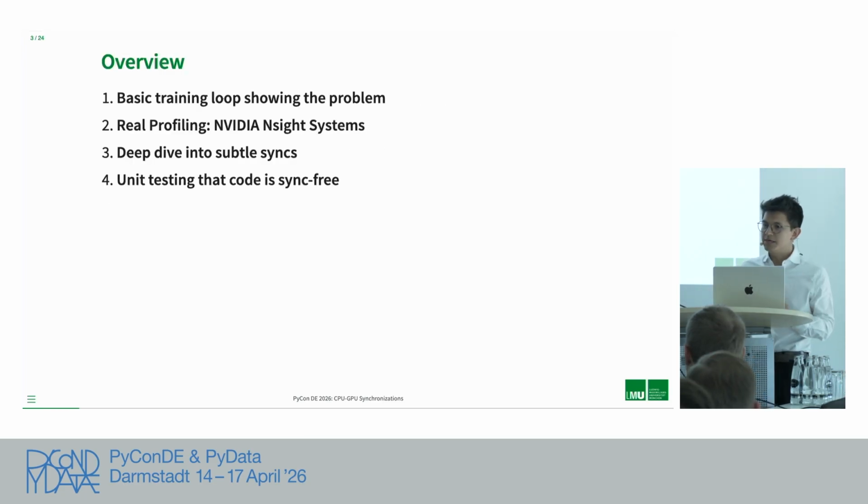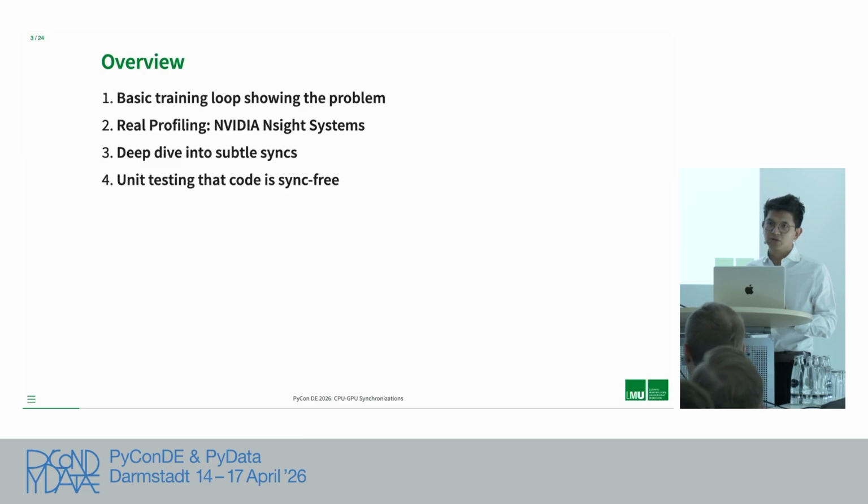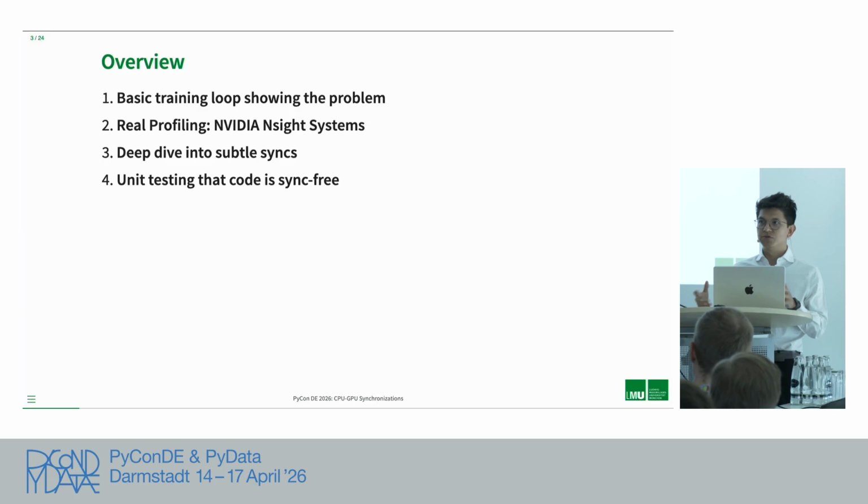So the overview is going to be, we're going to be looking at a basic training loop, like everybody has probably seen before. And this is going to have a synchronization, so that's problematic. We will then look at some real profiling traces so that you can see what you will see in the case of synchronizations with NVIDIA Insight Systems.